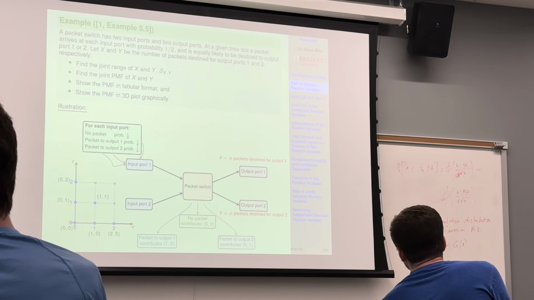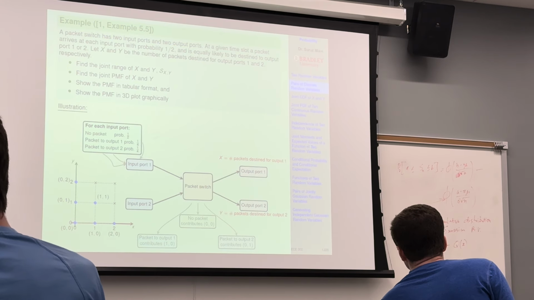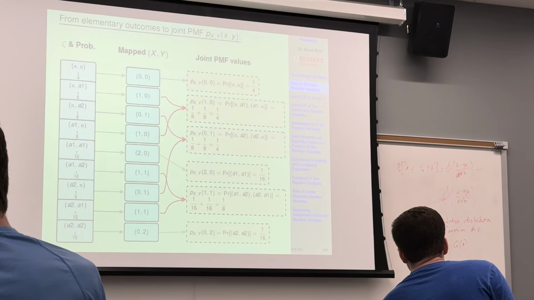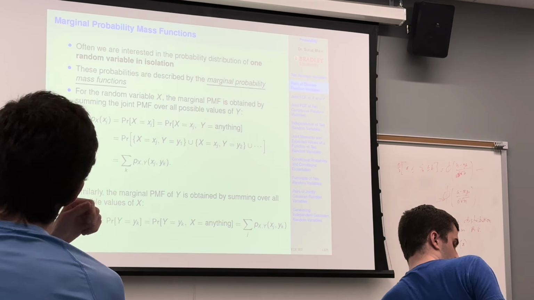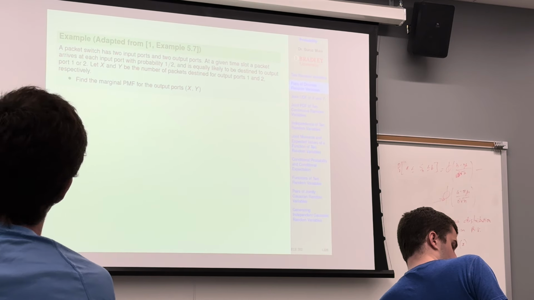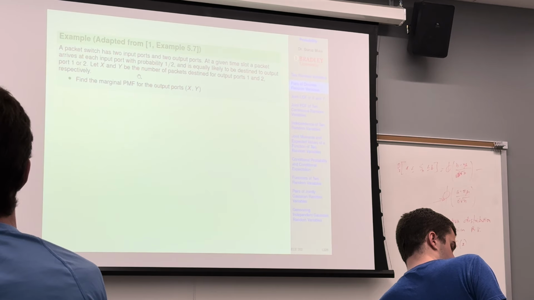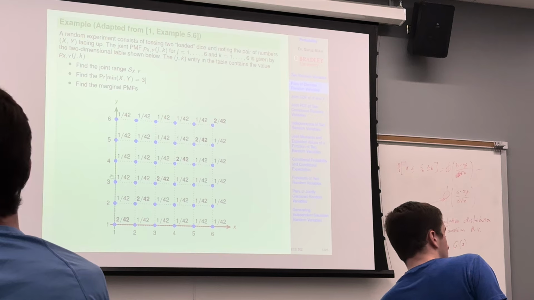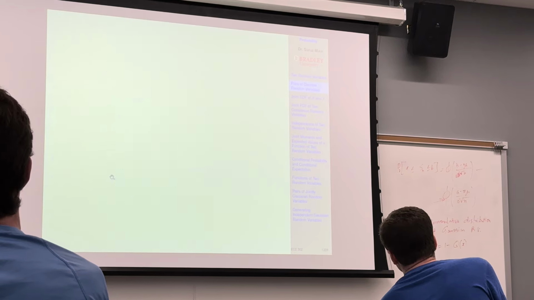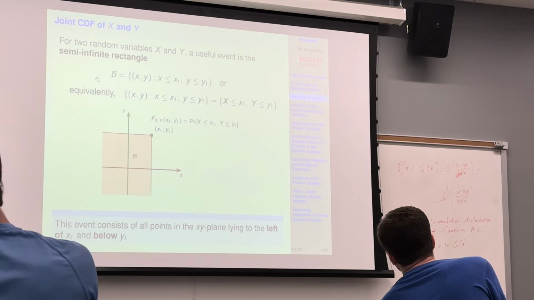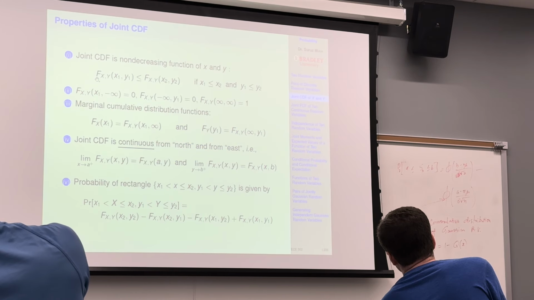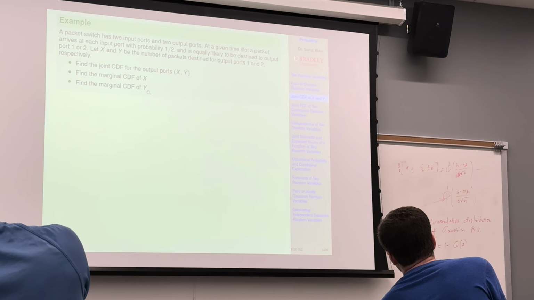These examples, how to compute the CDF of two random variables, are very important. Marginal probability, marginal PMF, and then marginal CDF. We come up with the joint CDF, and from the joint CDF, we know how to determine the marginal CDF.